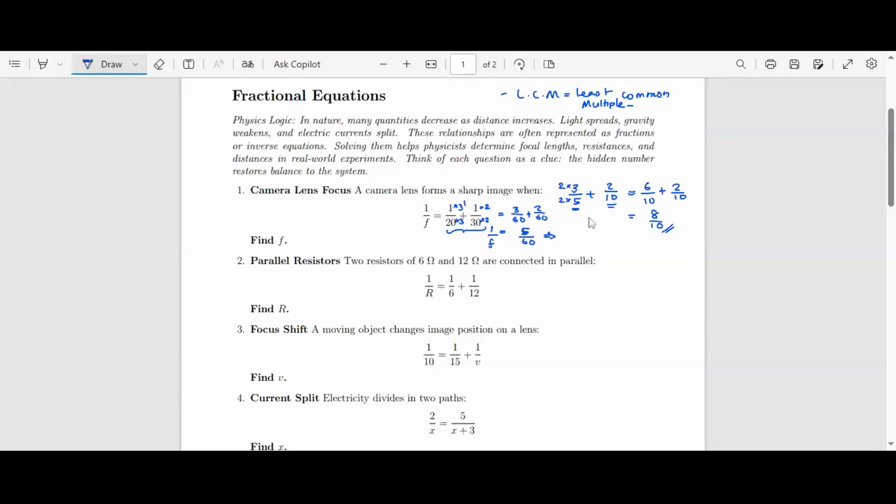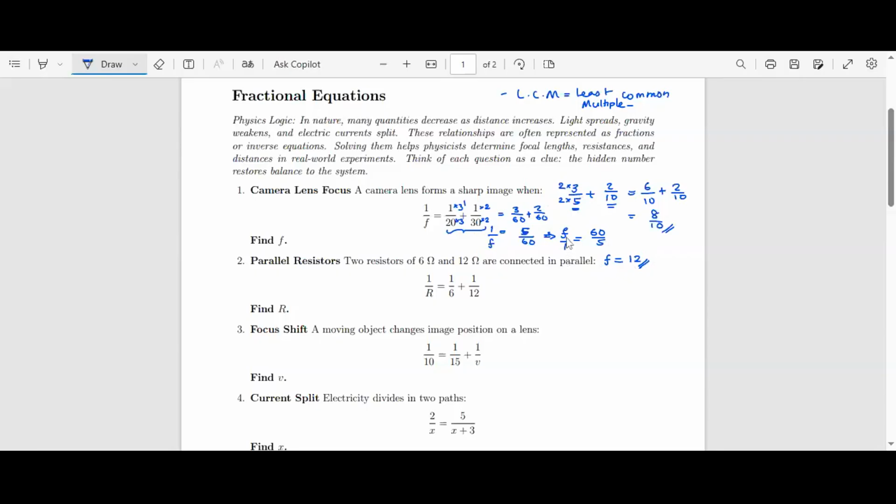Reciprocal means the upside down version of this. I take f up and put 1 down, so it's f over 1 now. If I do that on the left side, I have to do that on the right side also. So I take 60 up and put 5 down. f by 1 is just f. So f equals 60 divided by 5, which is 12. So f is 12.